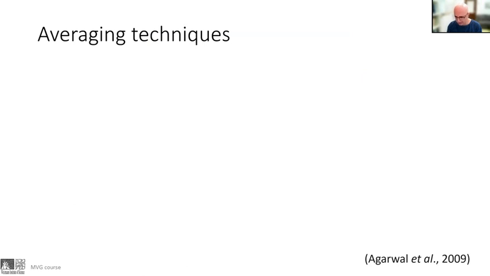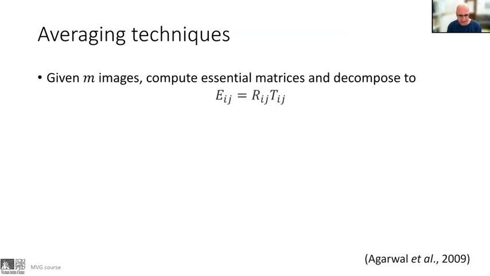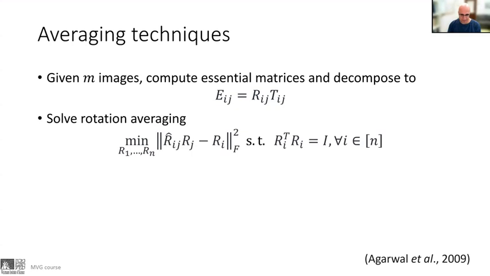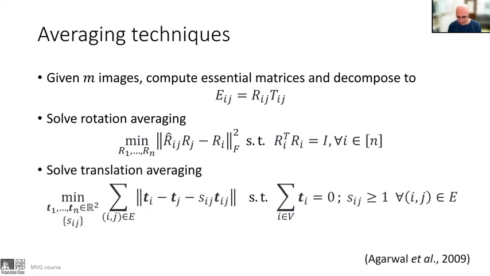Last time we talked about incremental methods and factorization methods, and we started talking about averaging techniques. The idea was to take essential matrices, factor them into rotations and translations. These give you relational measures between image I and image J. Then perform rotation averaging, find the global orientations given relational rotations, and translation averaging.